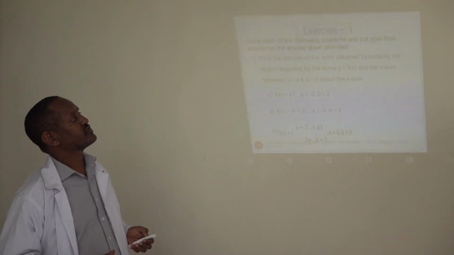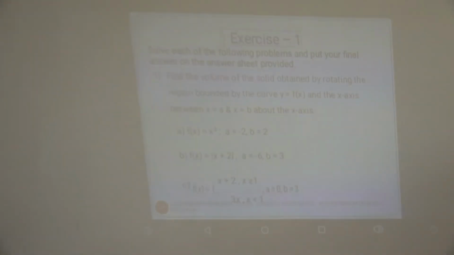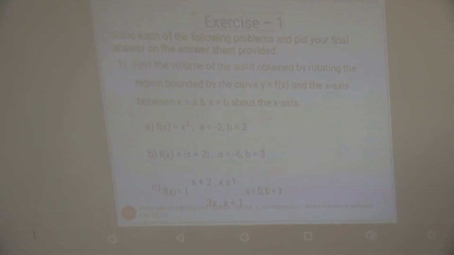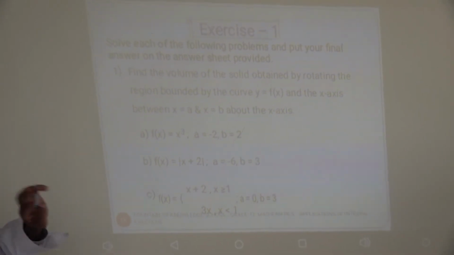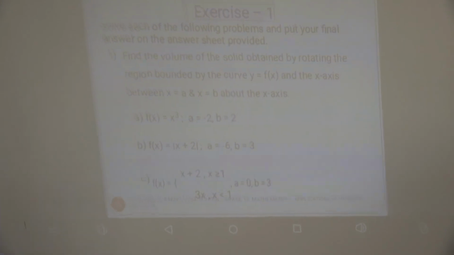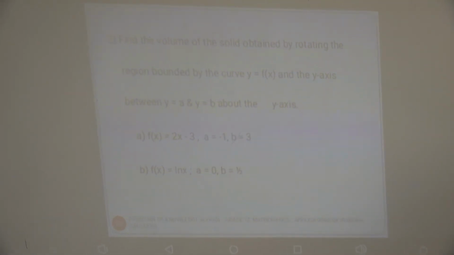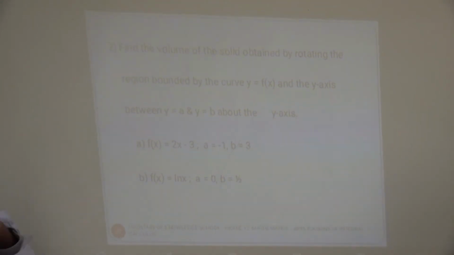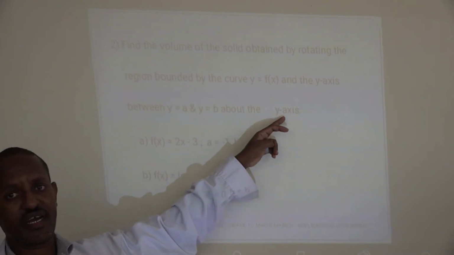Now, I'll give you this exercise. It comprises about 5 questions. 3 of the questions are about finding the volume of a solid of revolution about the x-axis, and the next 2 questions are about finding the volume of revolution about the y-axis.